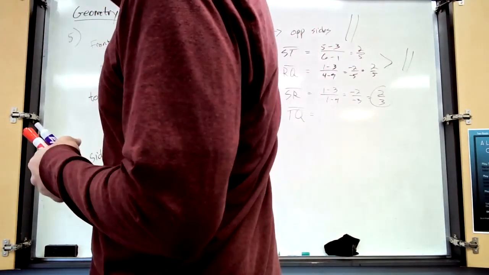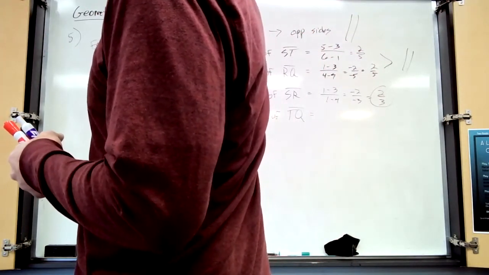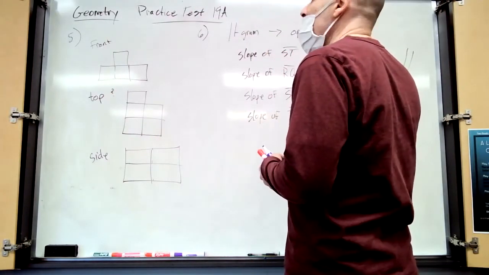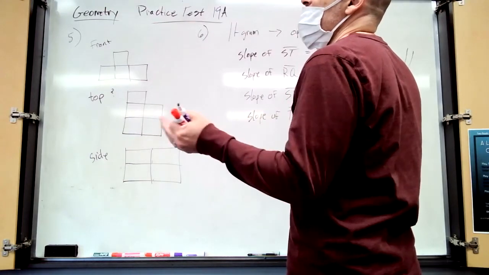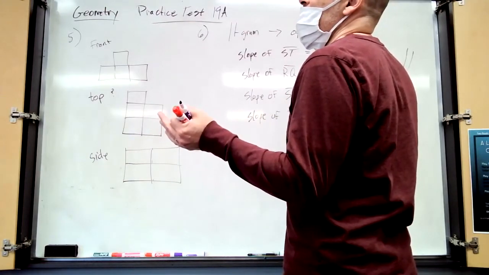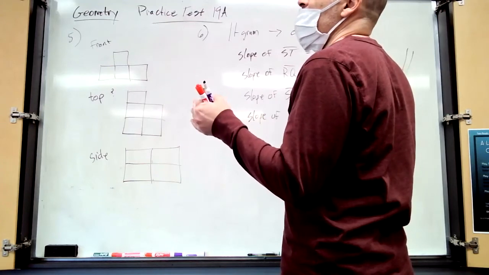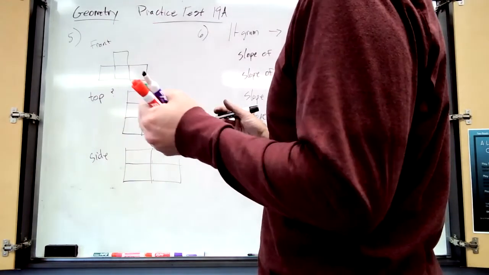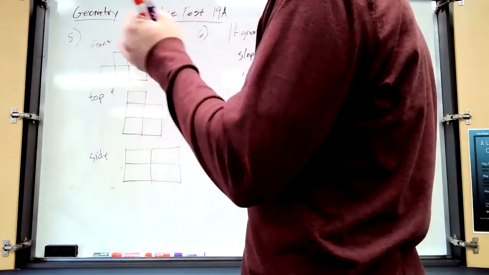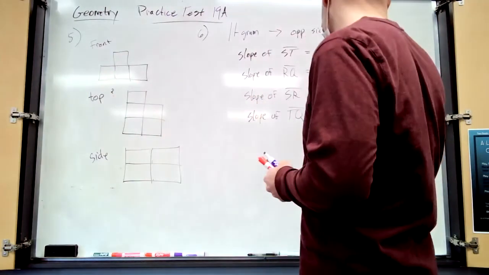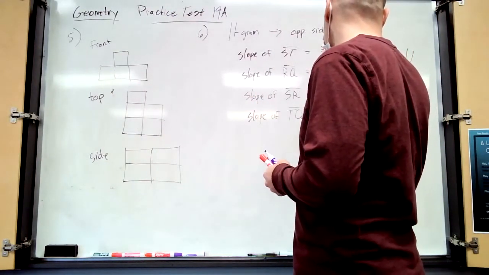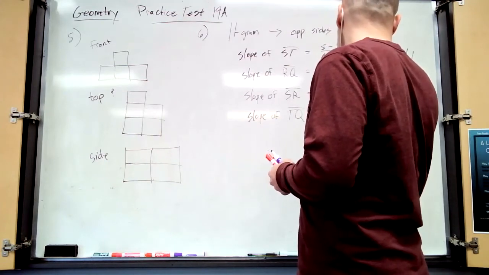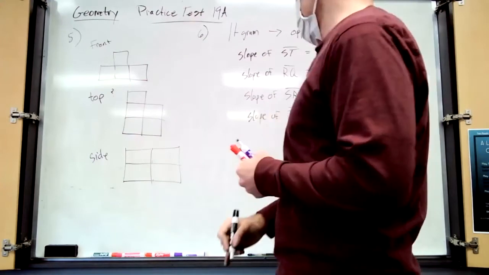So TQ, T goes to Q, so 3 minus 5 over 9 minus 6. What am I doing? This is negative 2/3, which is not 2/3, because I did SR wrong.